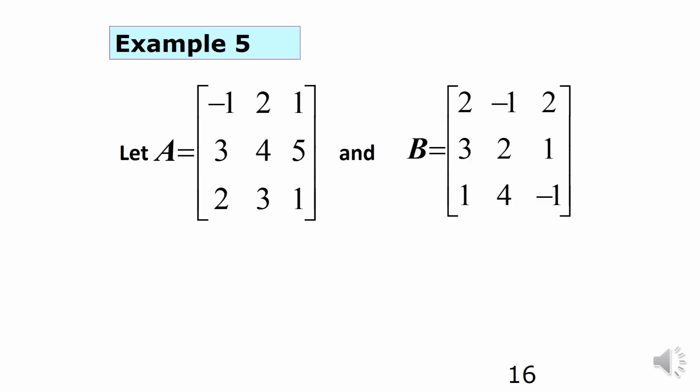We go to the next example, example 5. This one is for the product of 3 times 3 matrices. Okay, we have matrix A: negative 1, 2, 1, 3, 4, 5, 2, 3, 1, and matrix B: 2, negative 1, 2, 3, 2, 1, 1, 4, negative 1.